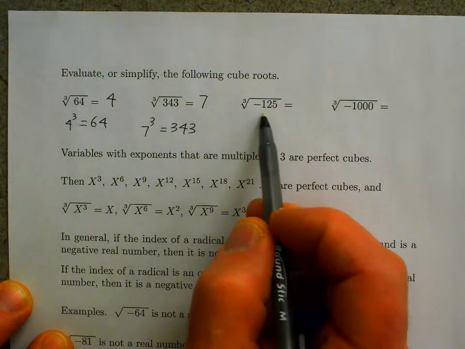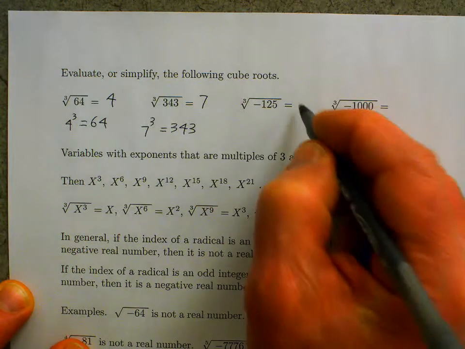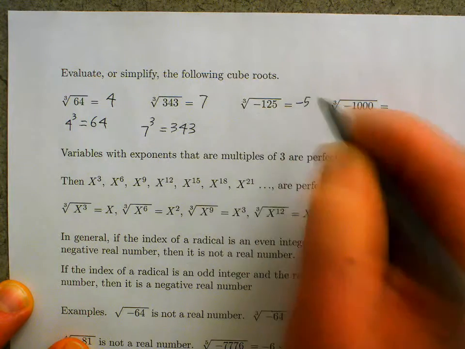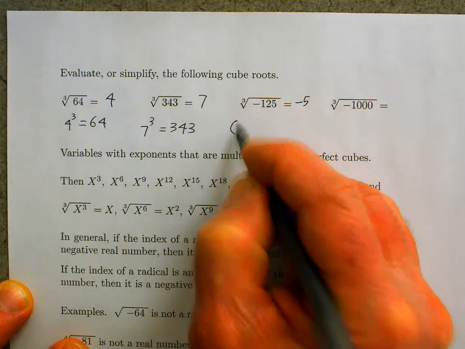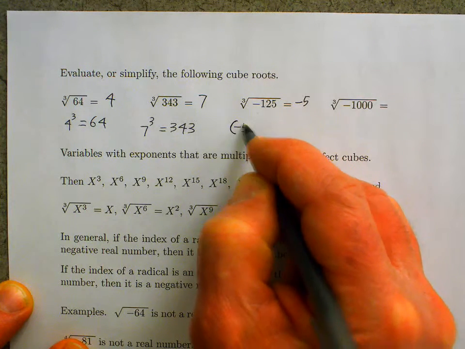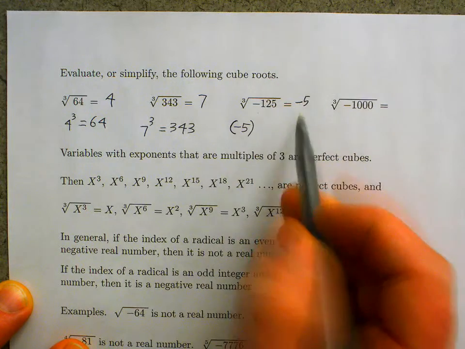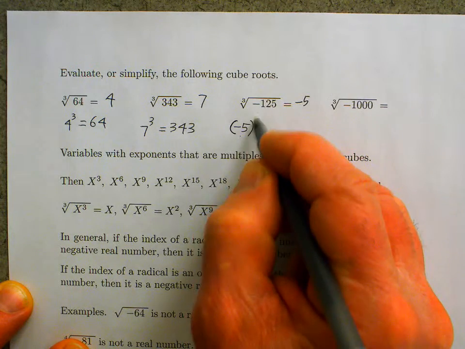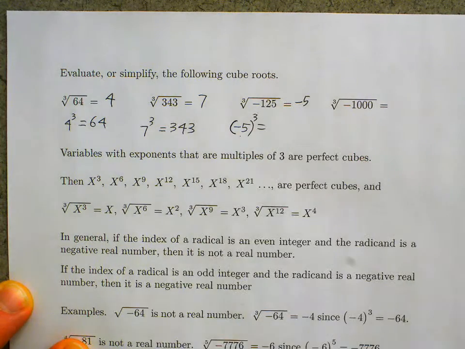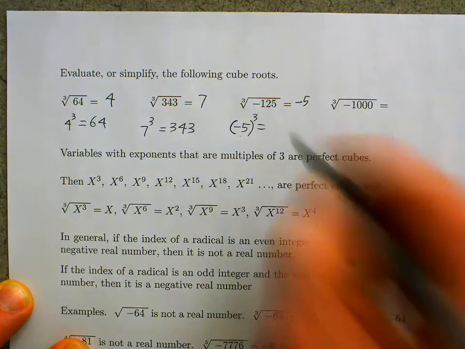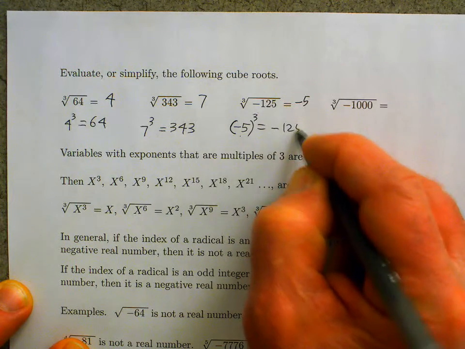So the cube root of negative 125 is negative 5, and corresponding to that, negative 5 to the third is negative 125.